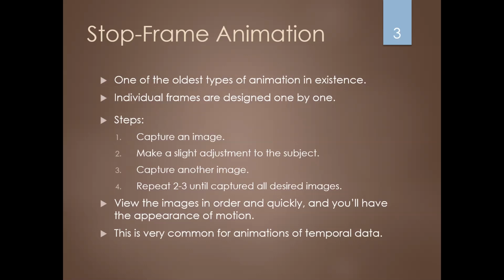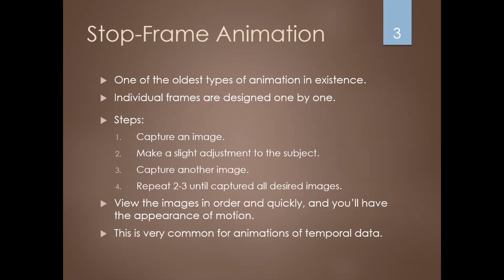This is very common for animations of temporal data. Showing temporal data is, I think, the biggest advantage of animation, because you can simply order different frames by time and show them to people quickly to make an animation.